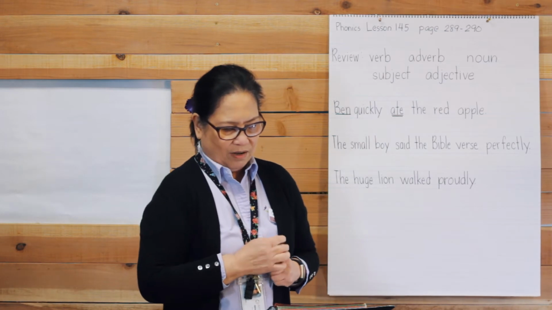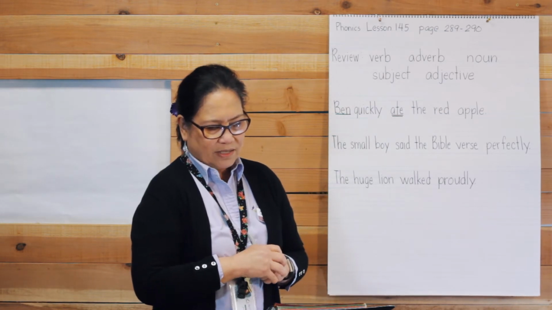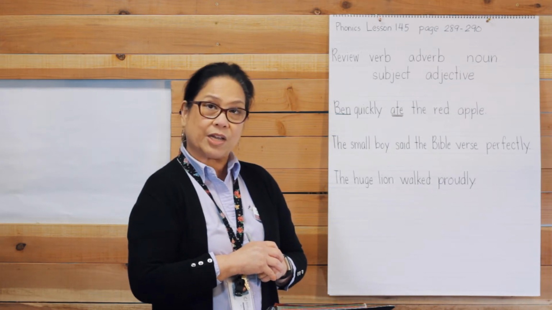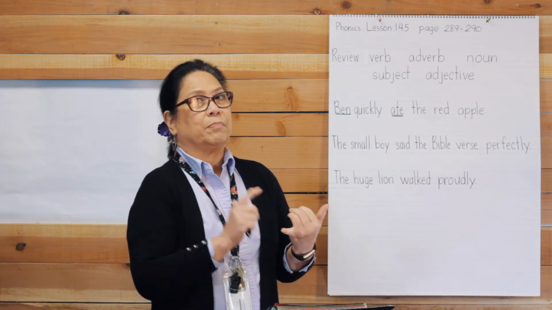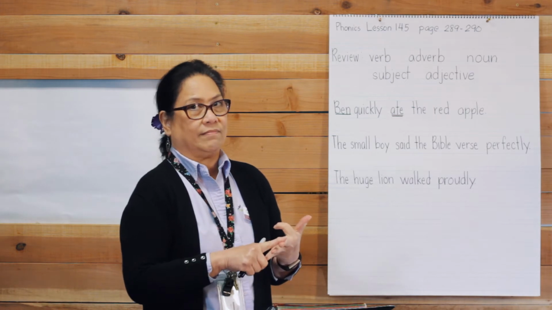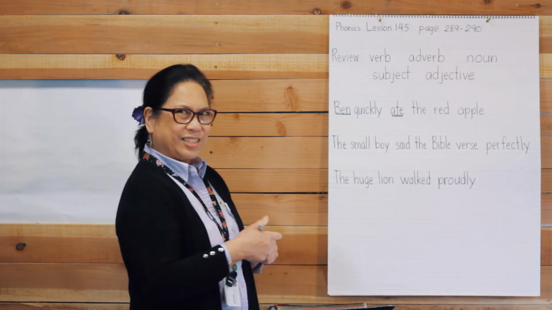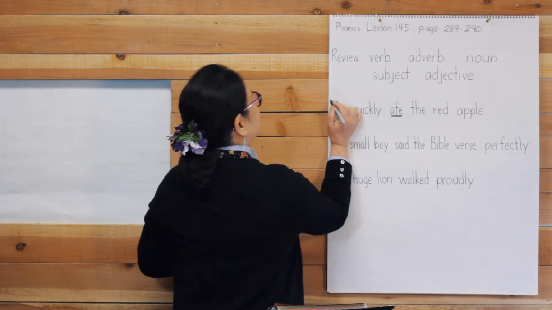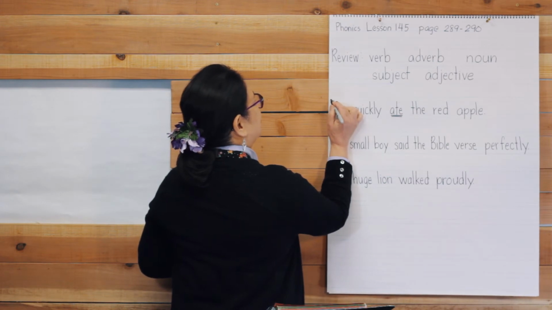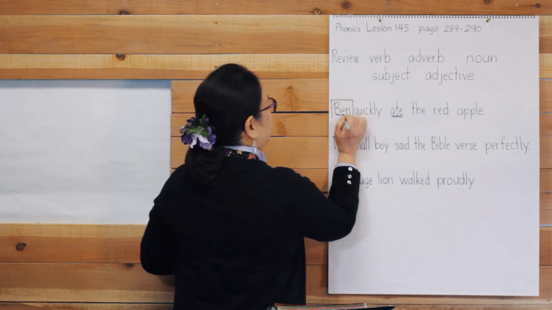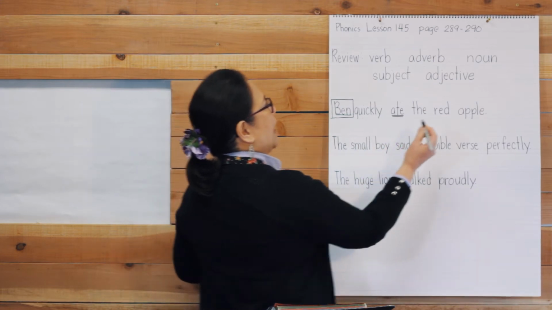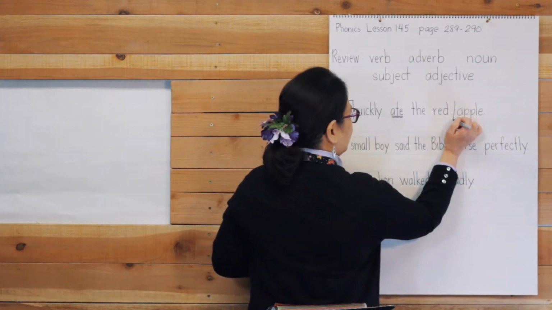Number 3. Find and draw boxes around all the nouns, even the subjects. So nouns are person, place, or thing. So let's see. Well, Ben is a person. He's the subject, but he is also a noun. Apple is a noun.